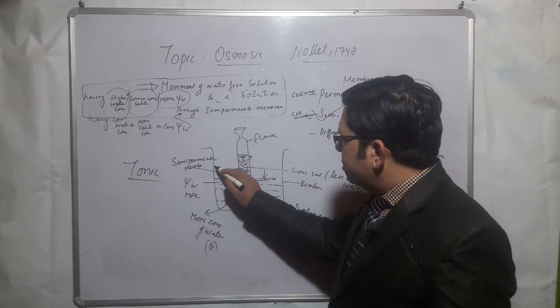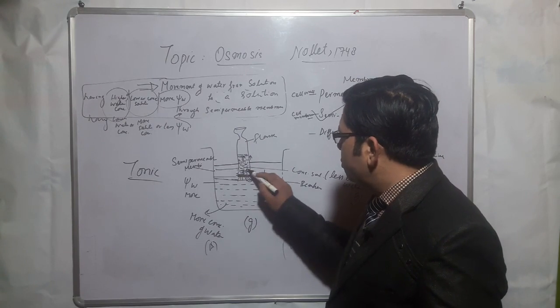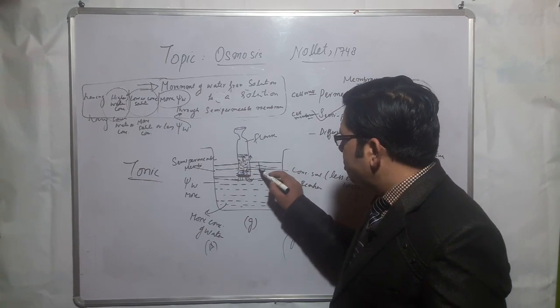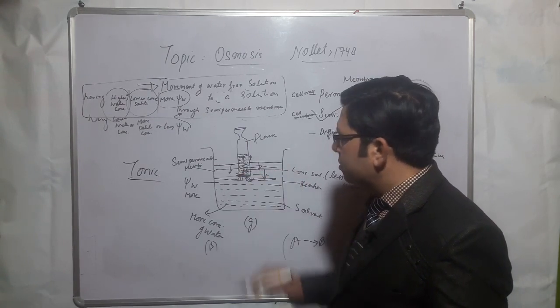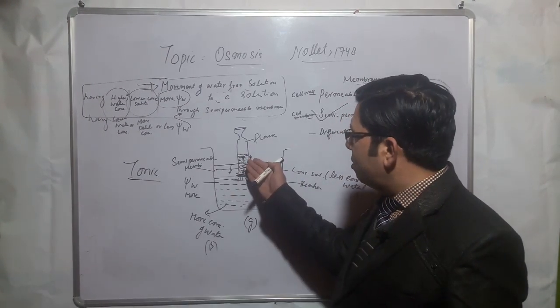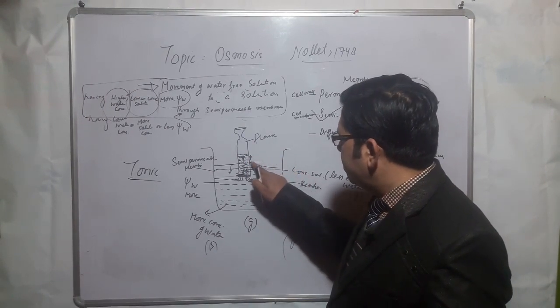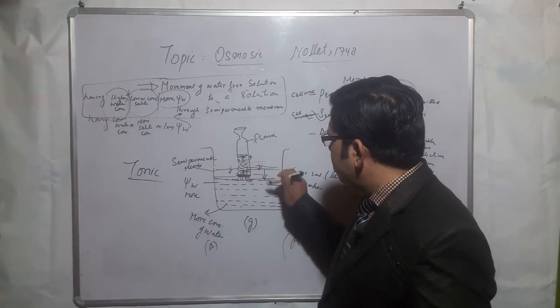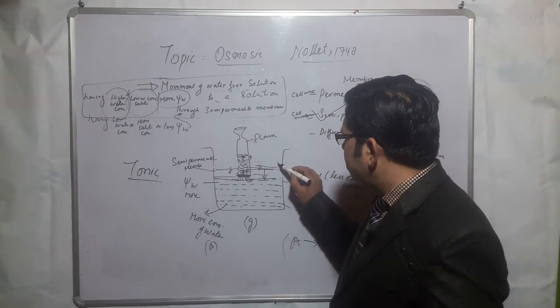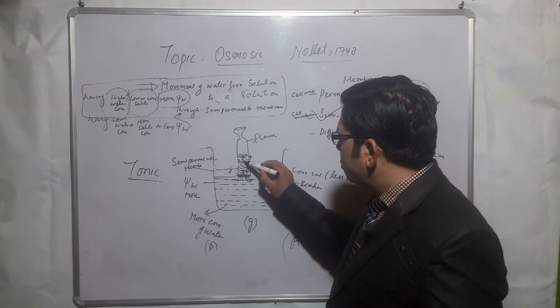But let's say the solution is starting from this point, and this is the solution outside. This will reach to this point. So water will go inside. The level will increase inside the solution, and outside the level will decrease. Now this level decreases up to this point. So it has decreased from this point to this point, but inside it has increased from this point to this point.